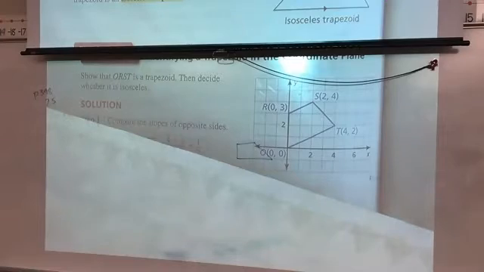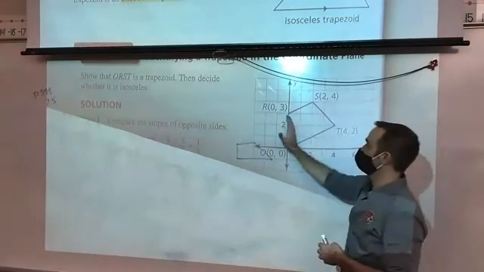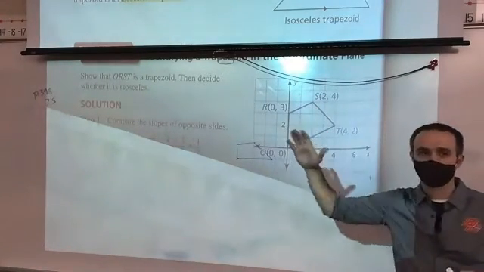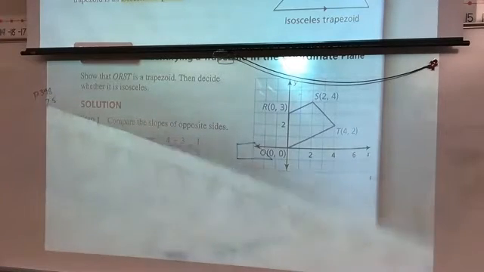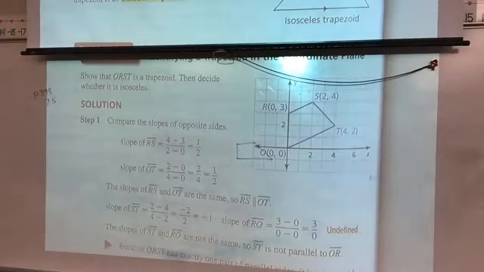That's looking at your two legs and saying, are they the same length? So slopes of your bases to make sure that they're parallel. Distance formula for your legs to see if they are congruent. In this case, they are not congruent, so this is a trapezoid, but it is not isosceles.